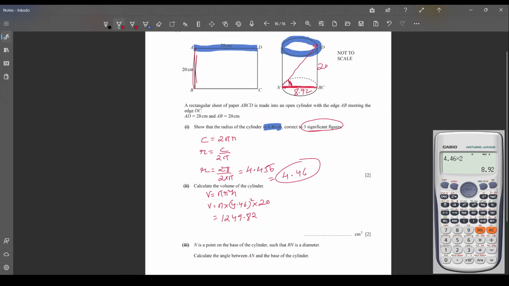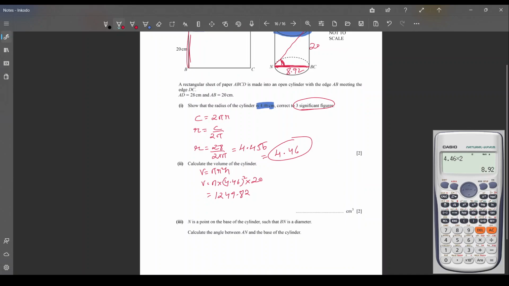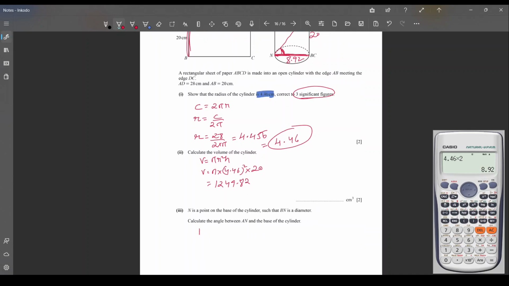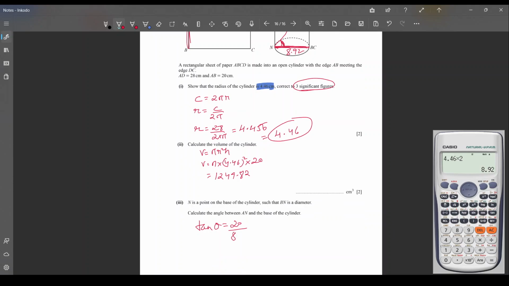So we can use a trigonometric ratio to find out the angle of this one. We can use opposite over adjacent. So that is tan. So tan theta will be equal to 20 by 8.92, and theta will be equal to tan inverse of 20 by 8.92.